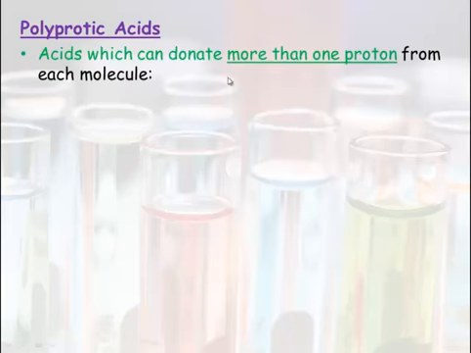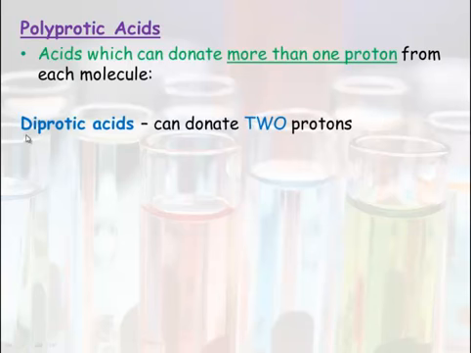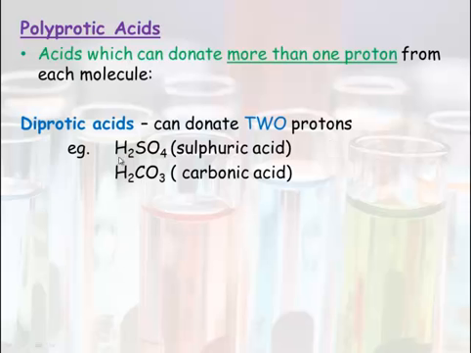We also have polyprotic acids, and these are acids that can donate more than one proton. Remember the word poly meaning many, as in polymer. You have diprotic acids, di meaning two, and they can donate 2 protons. Things like sulfuric acid and carbonic acid have 2 protons.